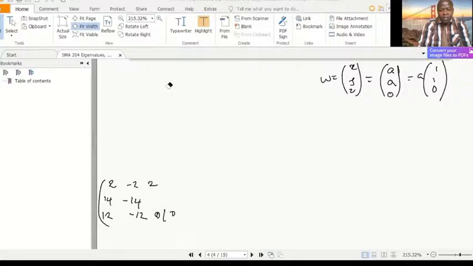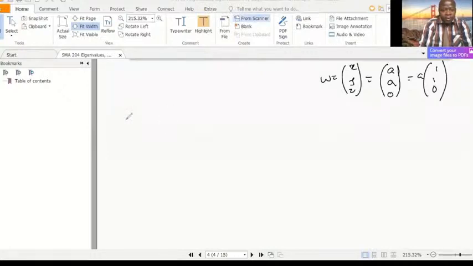But we've only found one eigenvector corresponding to lambda is 4. What I mean is we've only found that when lambda is 4, the eigenspace, or the null space, would be 1, 1, 0. But lambda is equal to 4 was an eigenvalue of double multiplicity 2, and it has only given us one eigenvector.